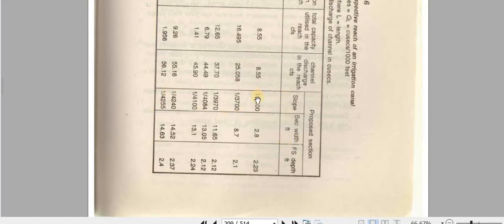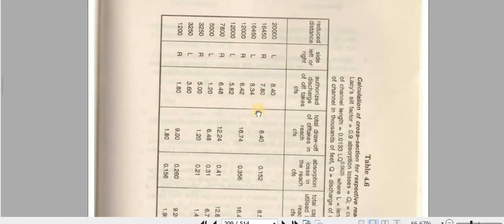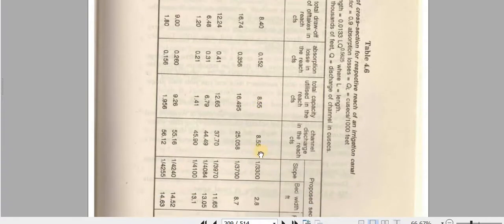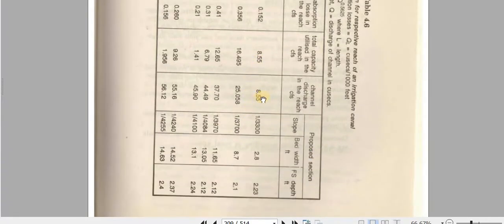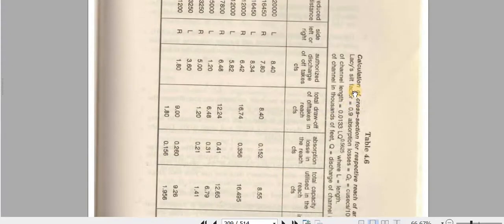Now you have to design each canal section with respect to this discharge. So this canal section will be designed on base of Lacy silt factor theory, and you have to design with any suitable method which we have studied. So you will use this discharge and you will design the canal.